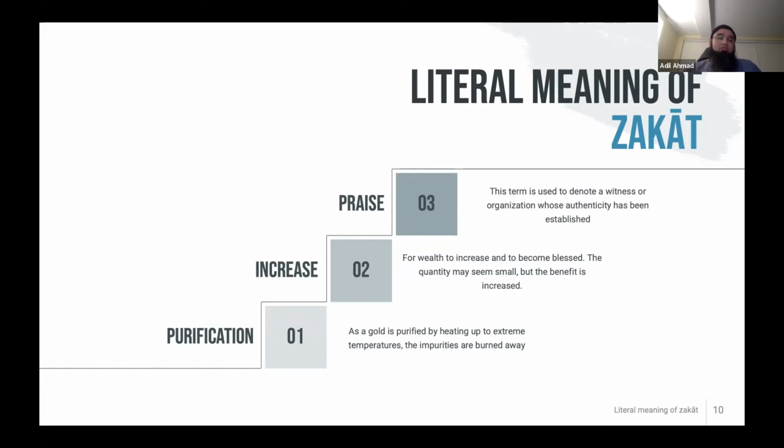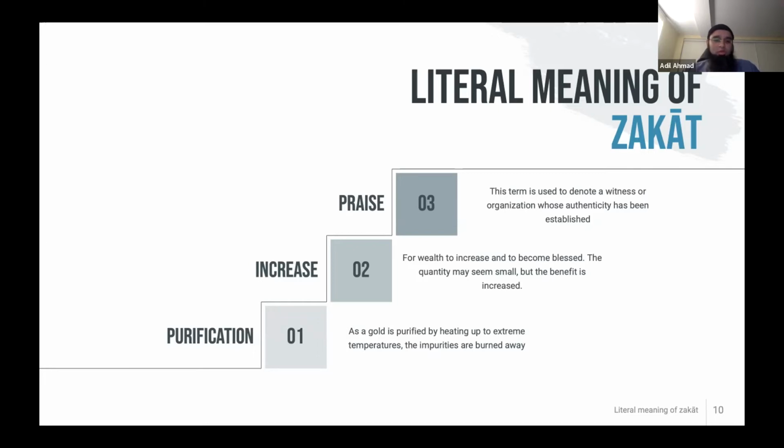Another meaning of this verb, zakka yuzakki, is to denote some sort of praise. Generally we hear this usage either in Islamic courts or with Islamic organizations which are collecting money, whose authenticity has been established. We'll say that its tazkiyah has been done.